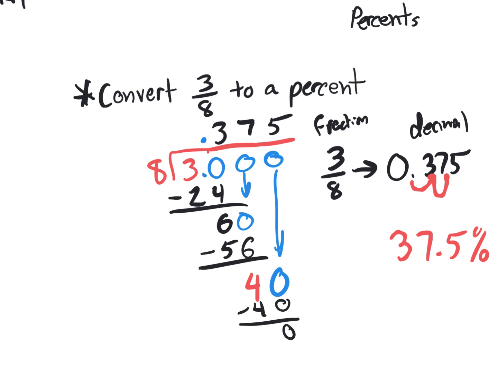I could have easily asked you to change a decimal to a fraction. So if I say like 0.31, change that to a fraction, that's really easy to do. Just make a fraction bar, put that 31 up on top, and on the bottom, what would you put? 100.